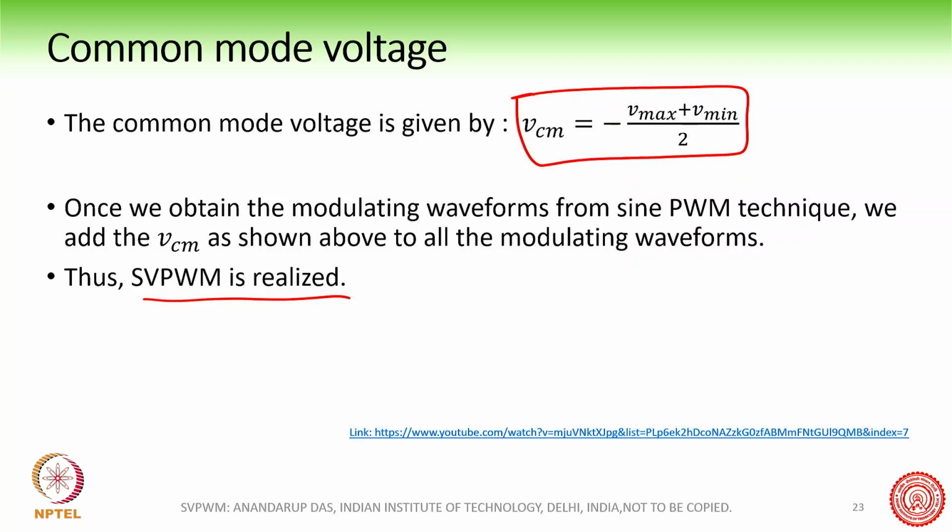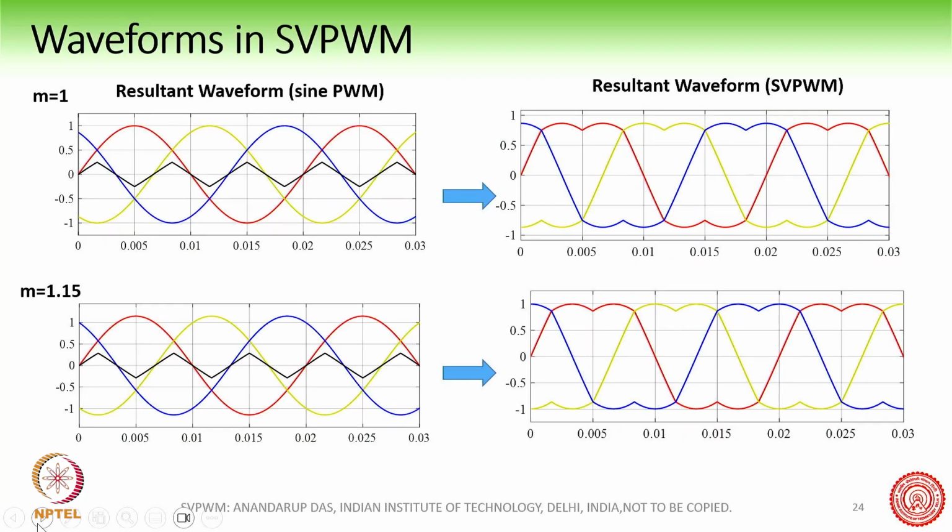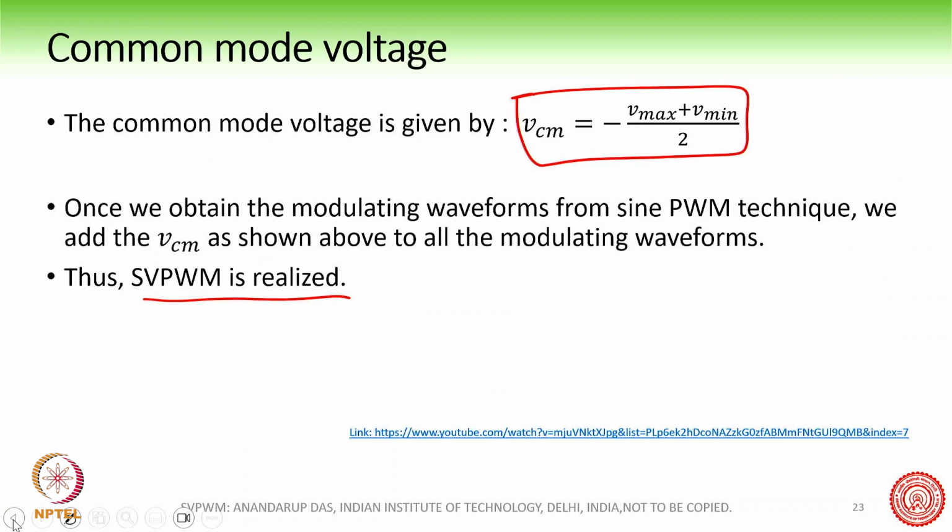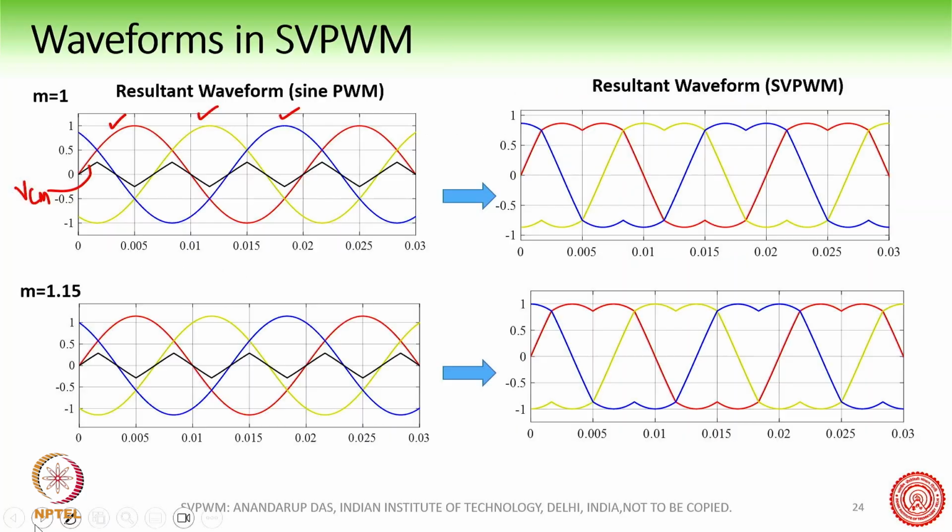I'll show you how this common mode voltage looks from this waveform. Here you can see, first, this is the original sine wave, the modulating waveform for sine PWM. And the black waveform is the VCM, which is minus of (Vmax plus Vmin) by 2.